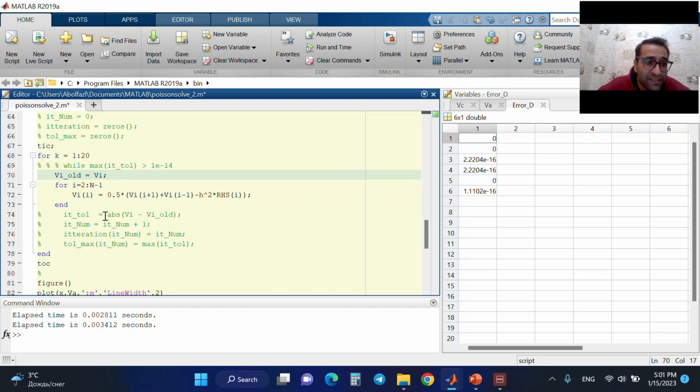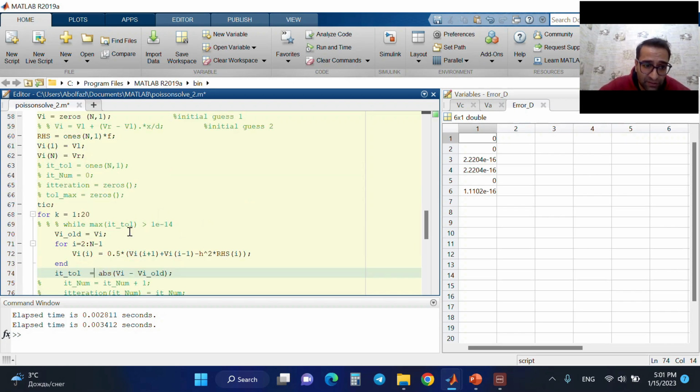And let me define some iteration tolerance by the absolute of vi minus vi old. Here we have vi old, here vi is updated. Here vi old indeed is vi, but after updating of vi, they should be different. And I save this difference to this iteration tolerance.